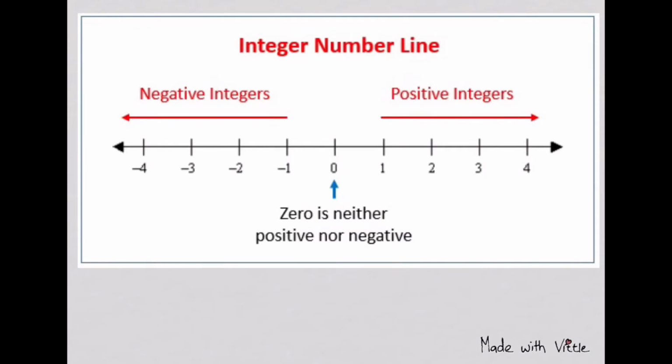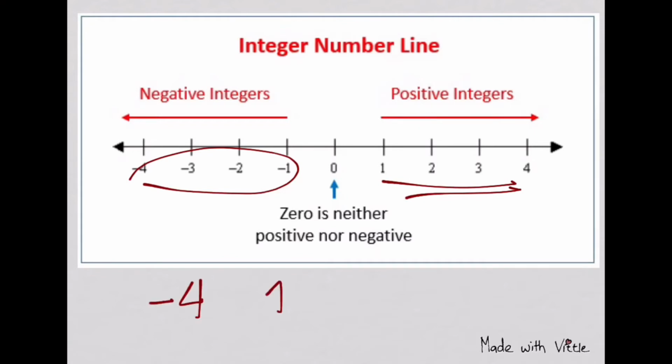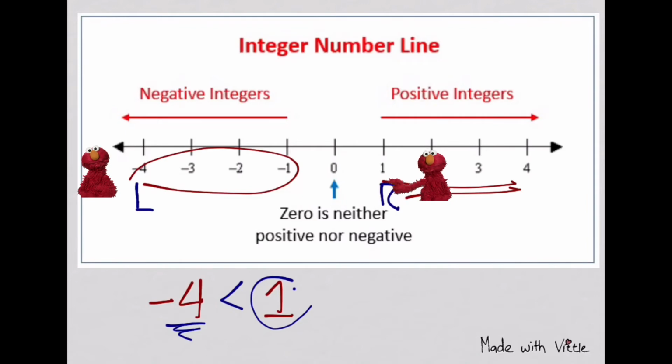Now, we all know that negative numbers are always less than the positive ones, okay? So if I have negative 4 compared to 1 whole, you know that negative 4 is less than a 1 whole because 1 whole is positive while this one is negative. And look, that -4 is on the left and the 1 is on the right.